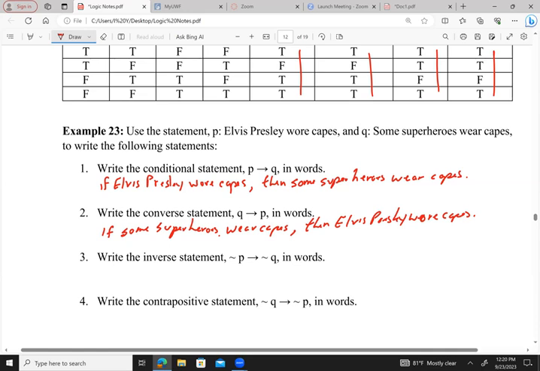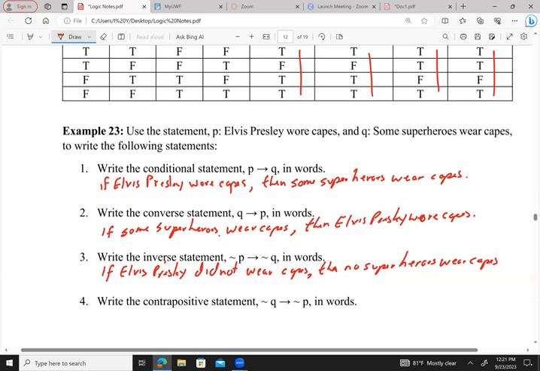So if Elvis Presley did not wear capes, then, and we're looking for the negation of some, and if you recall, that is none or no, no superheroes wear capes.